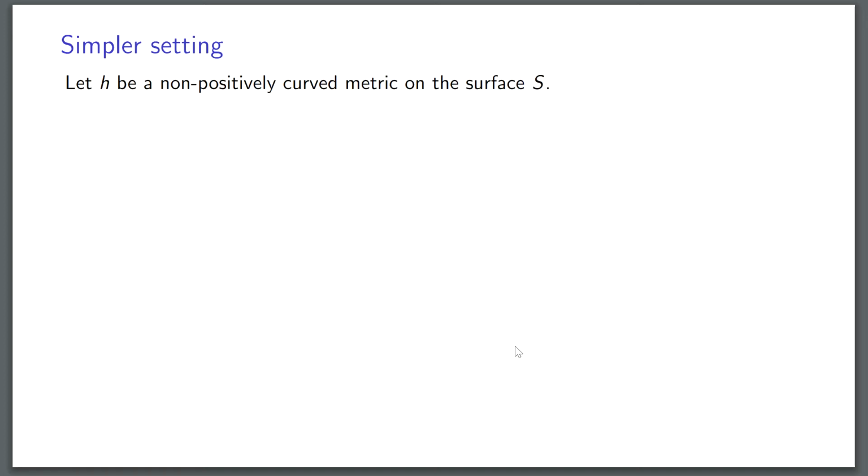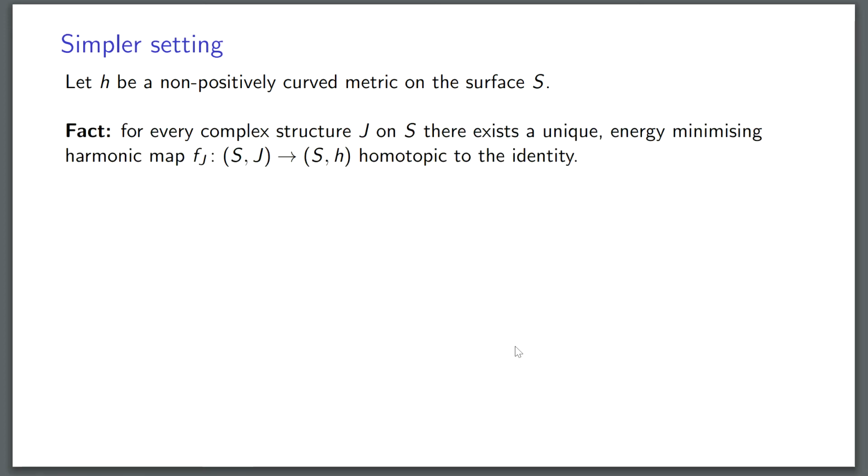We consider a simpler setting. Rather than considering a representation, we consider simply a non-positively curved metric on a surface S. Then we have the following fact, which is kind of an analog of the result of Corlett that we saw in the first talk. Namely, for every complex structure on S, there exists a unique energy-minimizing harmonic map that's homotopic to the identity, and it maps from S equipped with a complex structure into S equipped with the non-positively curved metric.